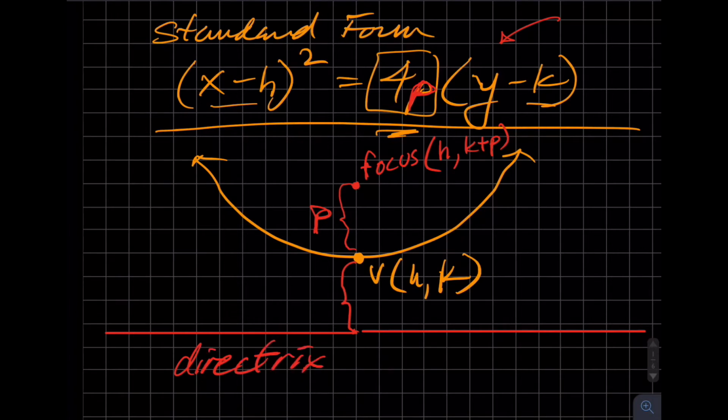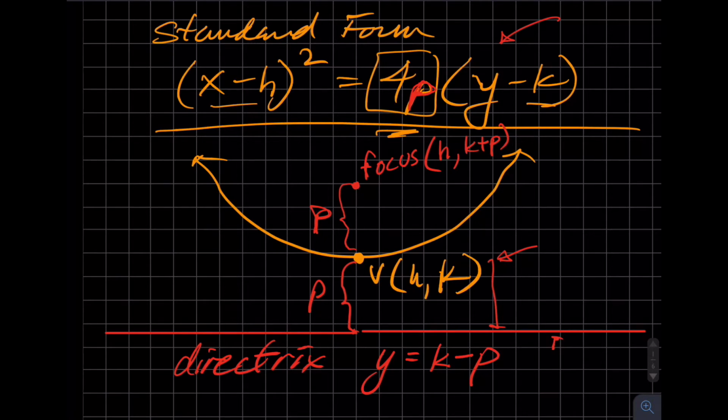And the directrix is a line, and because it's a line, it's going to be represented as the equation for a line. For this vertical one, it's always going to be y equals k minus p. Why? Because this distance is also p. So I'm going to take the k value and subtract this distance p to figure out what this equation is.